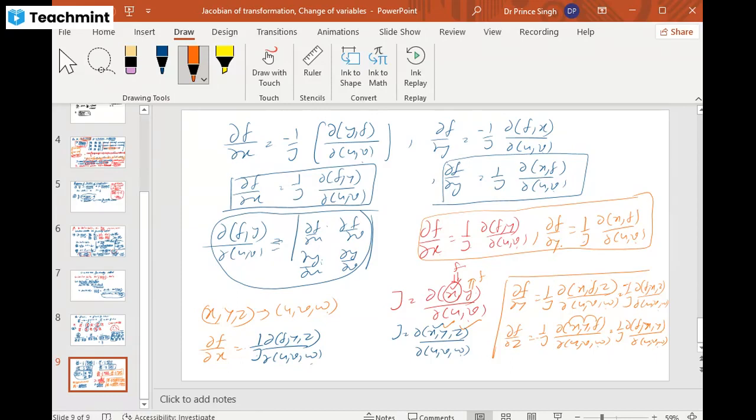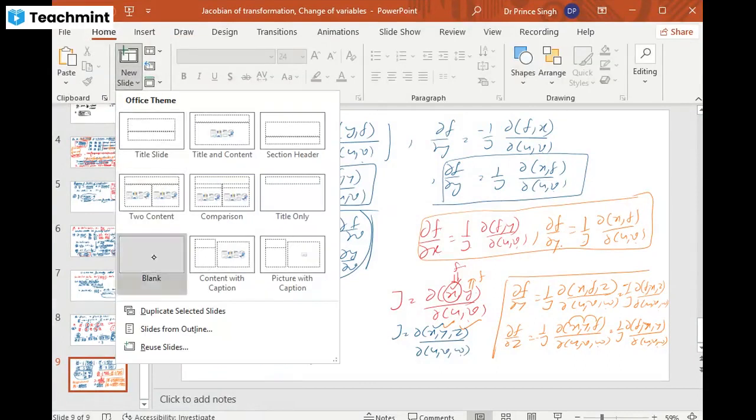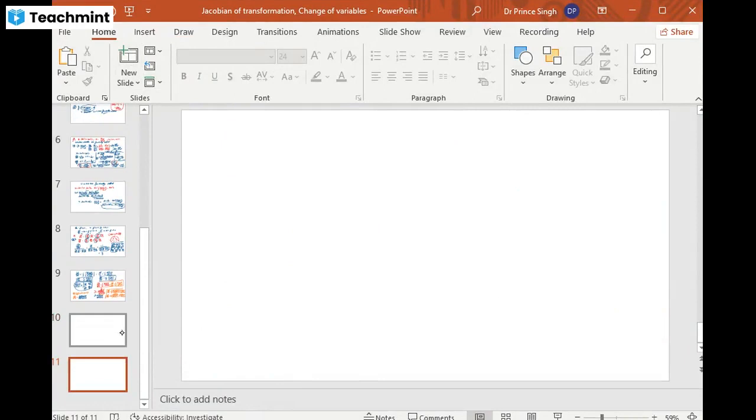Okay, let us consider one problem here so that we can understand how we can use this concept in a problem of change of variable.